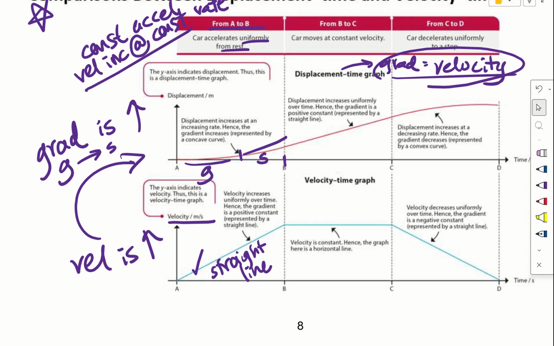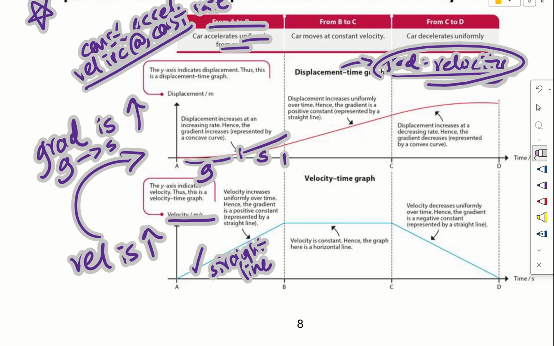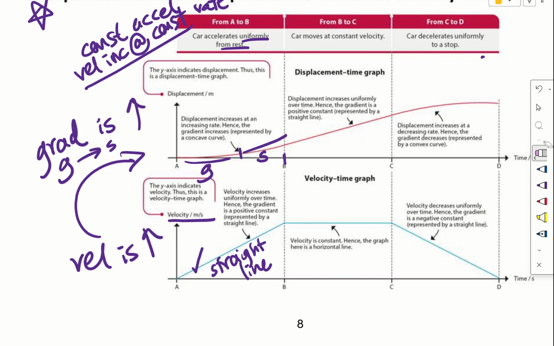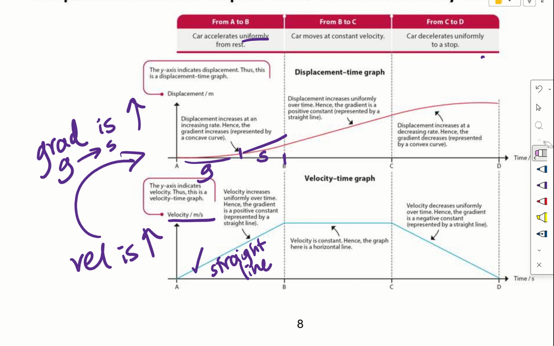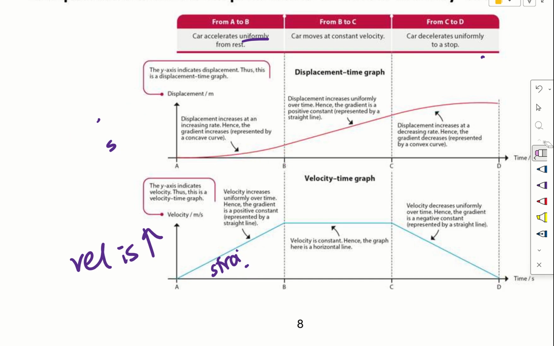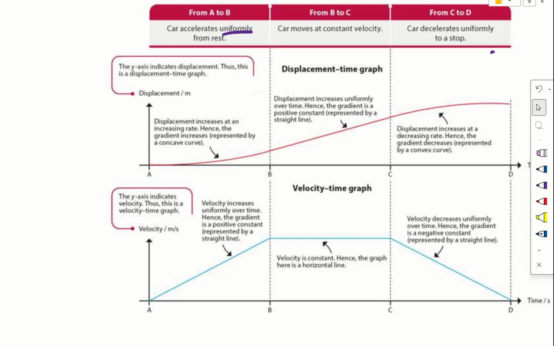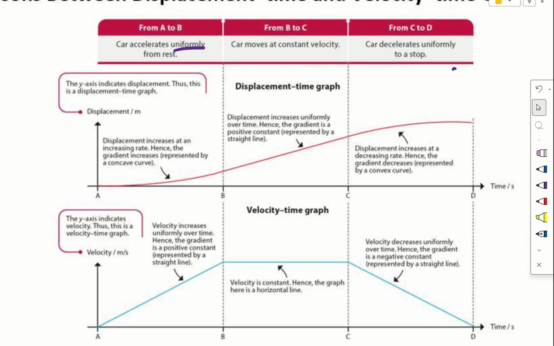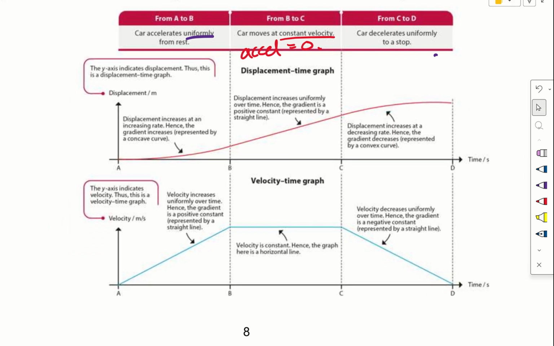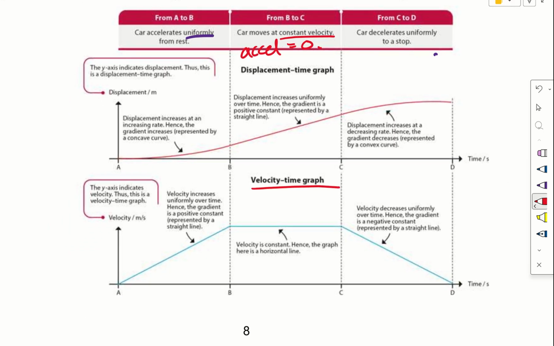Okay, let's look at the next scenario, whereby the car moves at constant velocity. I hope you are annotating this on your notes. Constant velocity, which means acceleration equals 0. So how would that look in a velocity time graph, whereby the gradient represents acceleration?